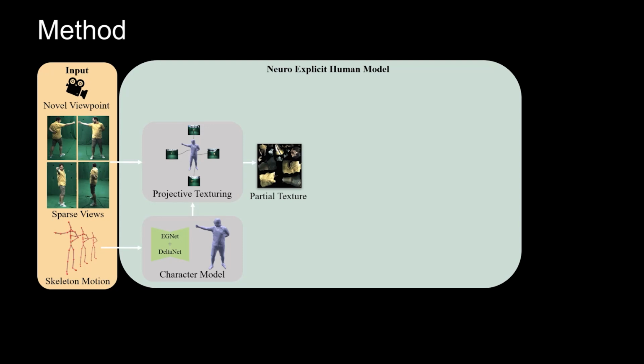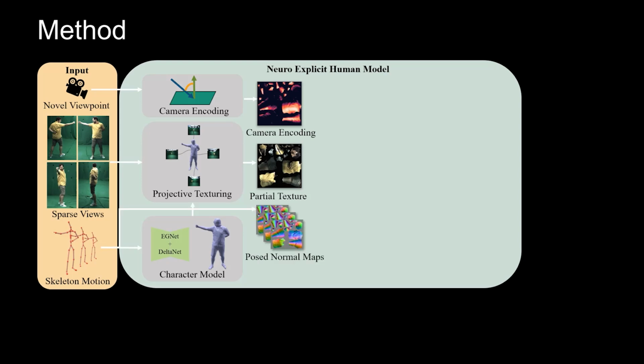Thus, we propose a projective texturing, which maps the sparse views onto the deformable mesh's texture space. Next, we also encode the input view direction in texture space, which helps to encode view-dependent effects. Finally, we render a temporal stack of posed normals maps in texture space to also efficiently encode the surface geometry and dynamics.